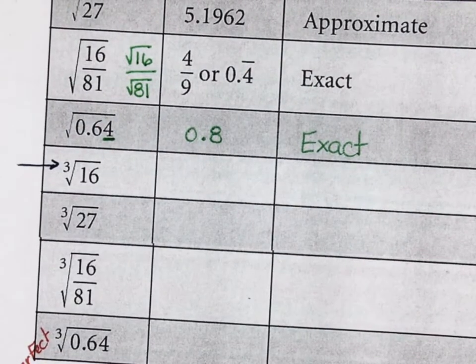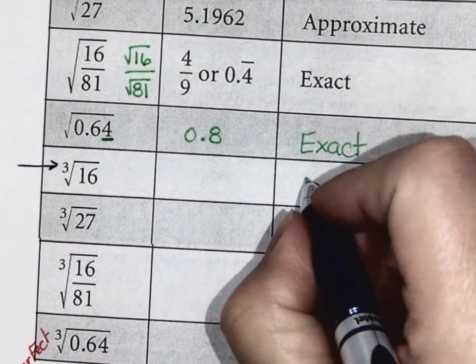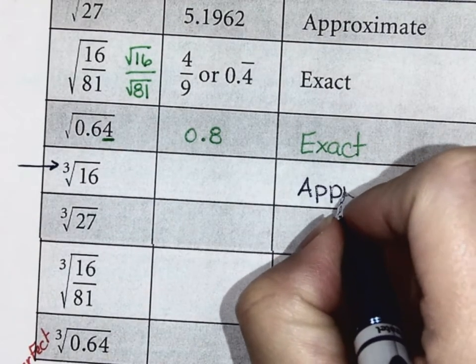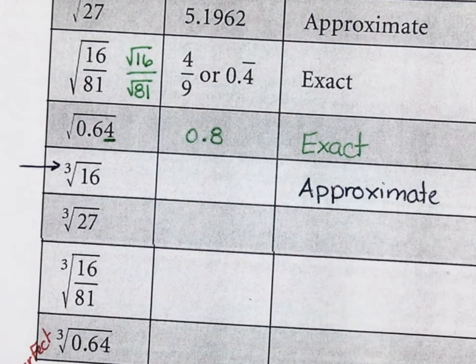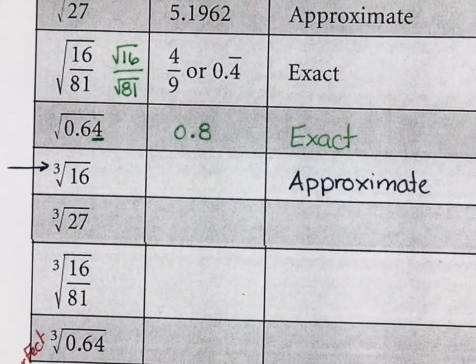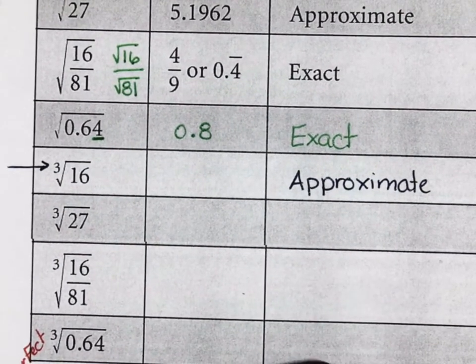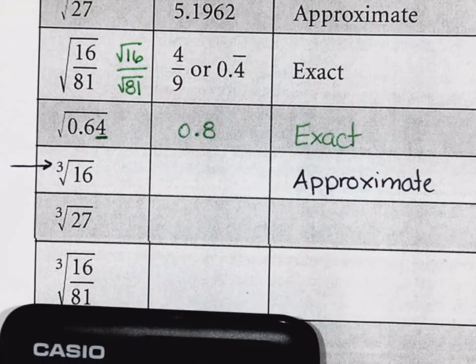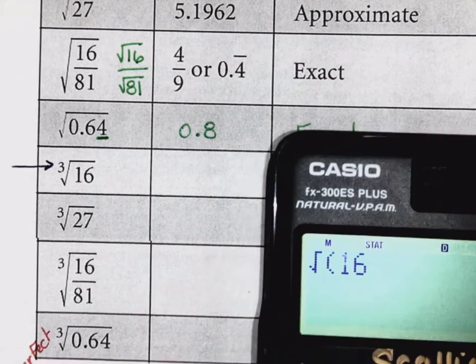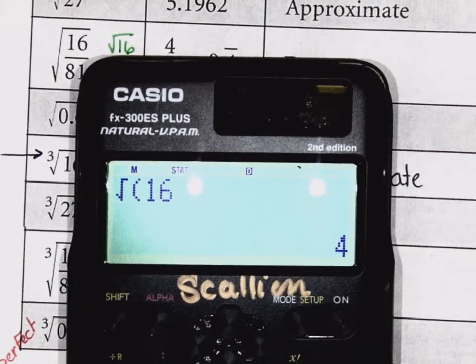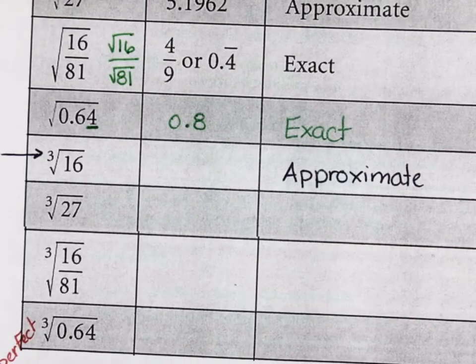The index is a 3, so I'm looking for perfect cubes. So I know my answer is going to be approximate. Even without solving it, I know that it's going to be approximate because there's no 16 in that list. Oh, I did the square root. I need to do the cube root.